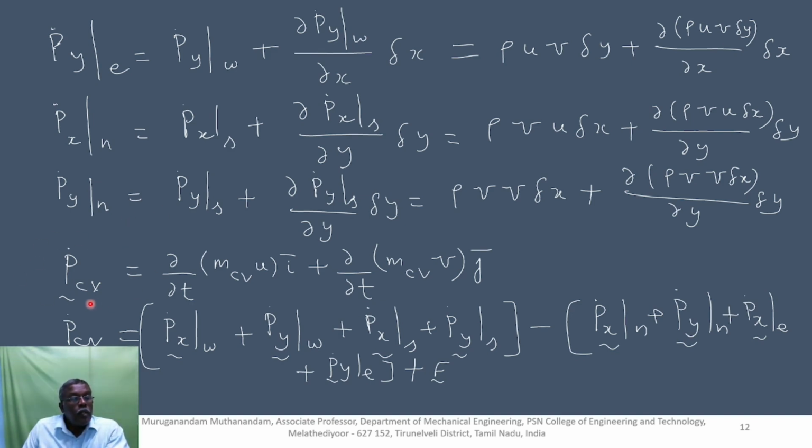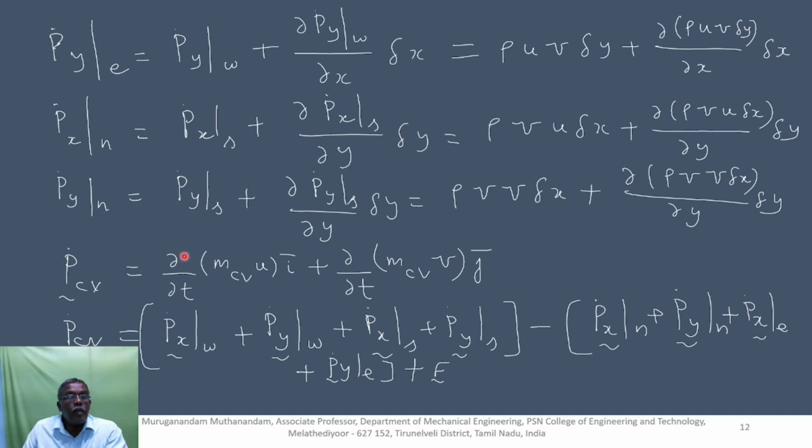Now the time rate of change of momentum of the control volume, P dot CV. As I have already told, m CV is the mass of the fluid contained in the control volume, which has components of velocity u along the x direction, for which the unit vector is i, and v along the y direction, for which the unit vector is j. So mass multiplied by velocity will give the momentum.